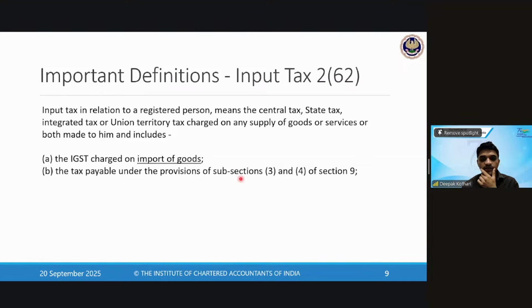So what is this tax payable under the provisions of 9(3) or 9(4), subsection 3 and subsection 4 of section 9, which I'm calling as 93 and 94. RCM. Correct. So whatever RCM we pay, very rightly answered Diya Jain, Shamli, and Navneet, that 9 subsection 3 and 9 subsection 4 are the charging sections for reverse charge.